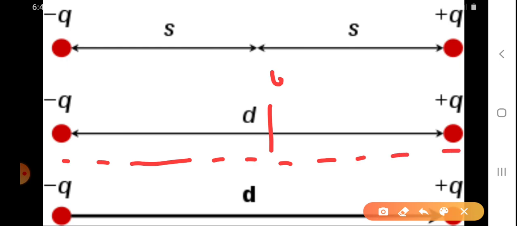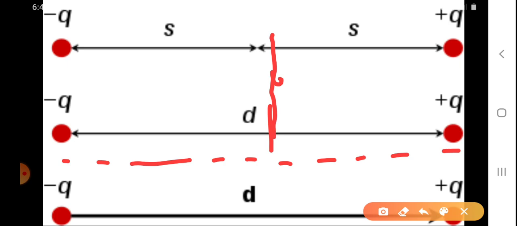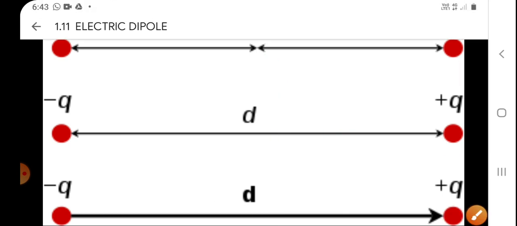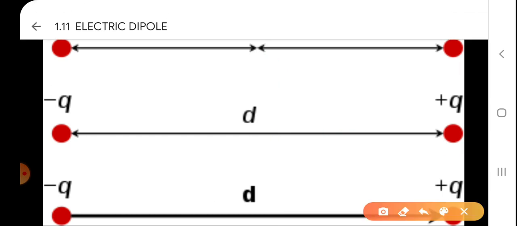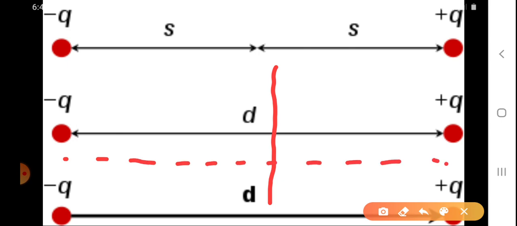And we have one more line, the equatorial line. The equatorial line is the line passing through the center of the dipole, perpendicular to the horizontal line, which is the axis of the dipole.